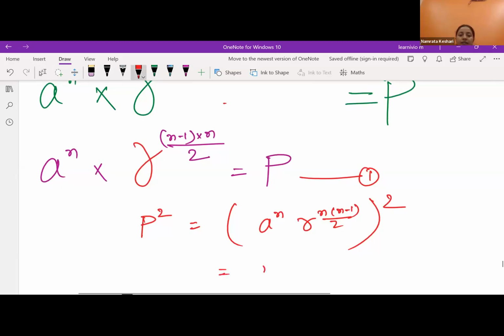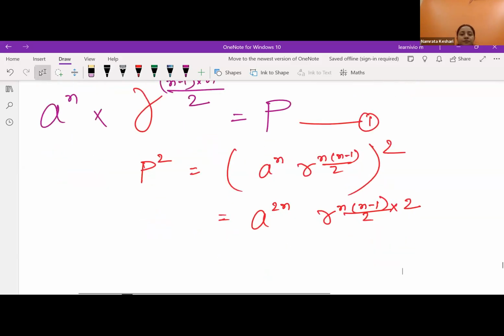That means a will take the power, r will also take the power. If two powers are there, we multiply the powers, right? Yes, ma'am. Okay, so we are having a to the power 2n, r to the power n into n minus 1.